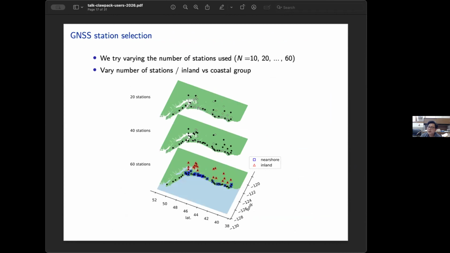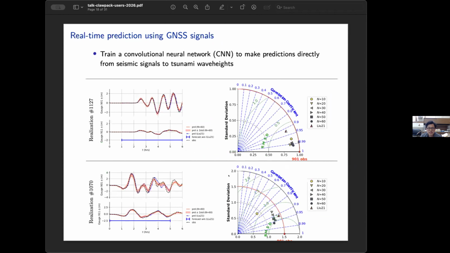And so we took these measurements and we said, maybe we'll pick 60 stations where we generate this data, and then we sub-selected some stations to see how well we can do with fewer stations available. For example, 20 stations well-distributed, 40 stations well-distributed, and we tried to group them into nearshore and inland groups of stations.